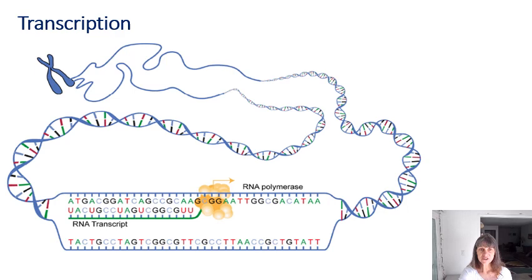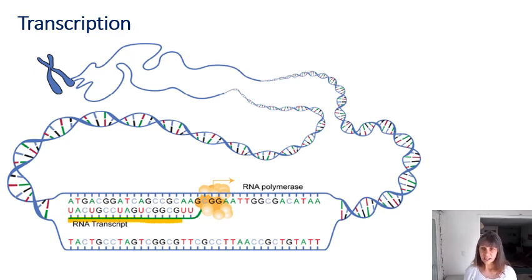When we look at transcription, when the DNA is unraveled, and we'll talk about that in just a second, we'll notice that there are two strands that are exposed from the DNA double helix. One strand is referred to as the template strand. The template strand is used for this developing molecule of pre-messenger RNA.